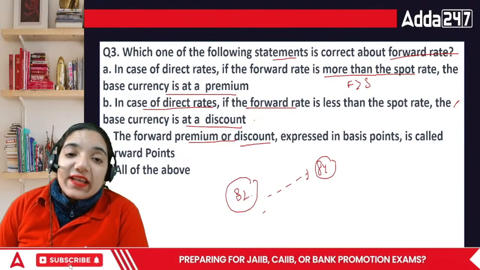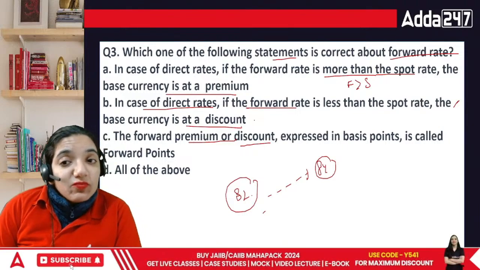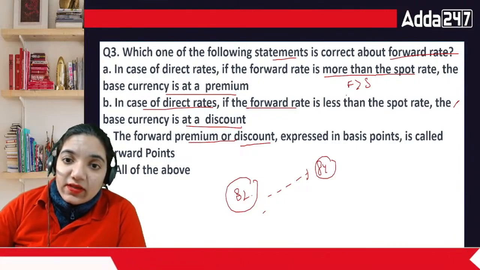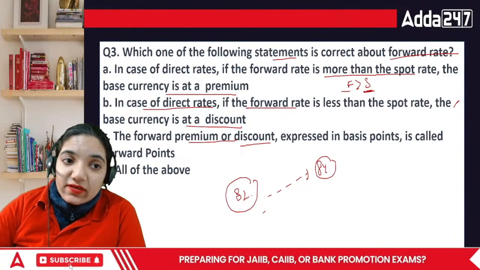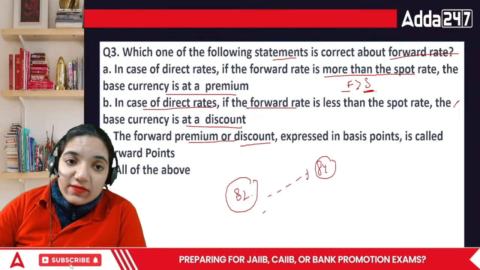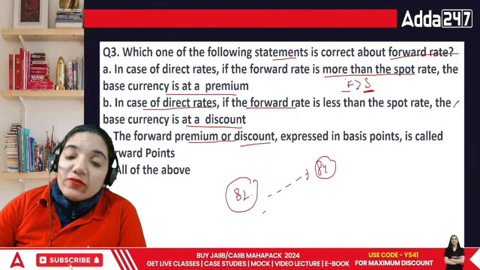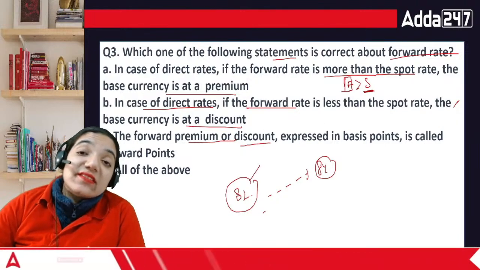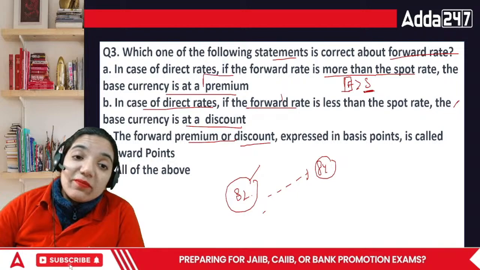In case of direct rates, if your forward rate is more than spot rate, the base currency is at a premium. Matlab, the future rate is going to be more. Currently, it is at a lesser price. This is a situation where it will go at a premium.